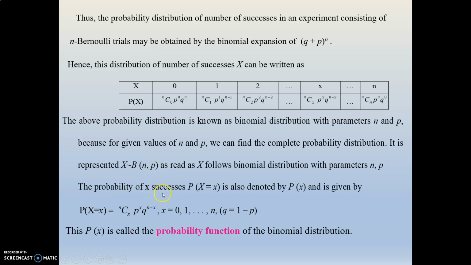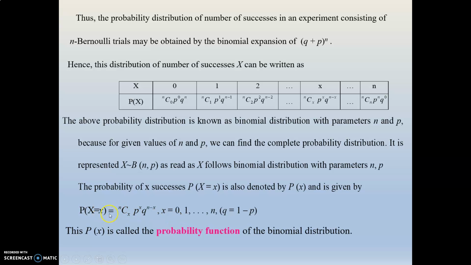The probability of x successes, that is probability of X equal to x, is denoted by P of x and is given by P(X = x) equals nCx p raised to x q raised to n minus x, where x is equal to 0, 1, 2, 3, etc. up to n, and q is equal to 1 minus p, because if p is the probability of success and q is the probability of failure, then p plus q is equal to 1. So q is equal to 1 minus p. Thus, P of x is called the probability function of the binomial distribution.